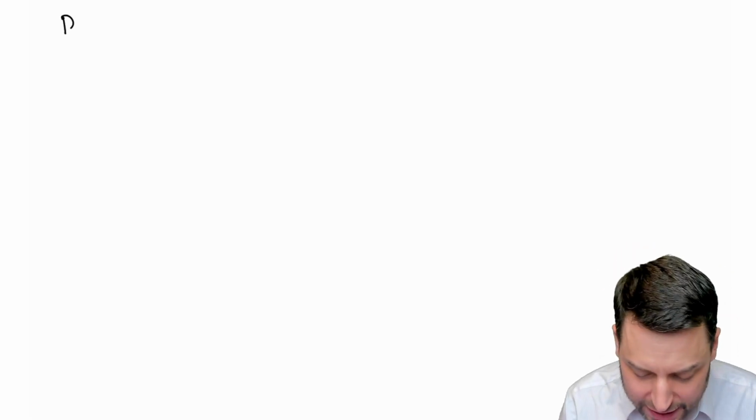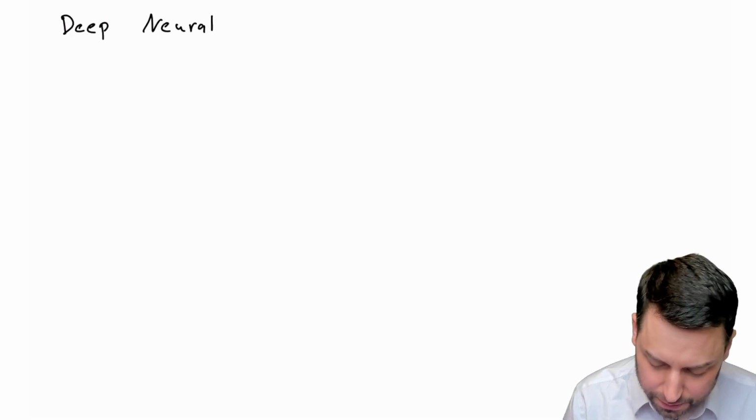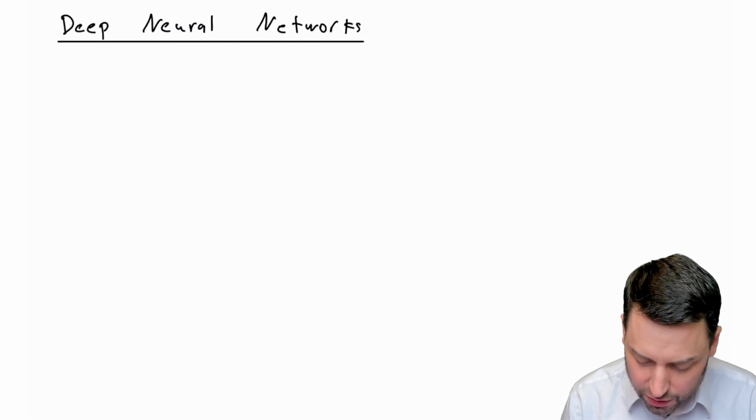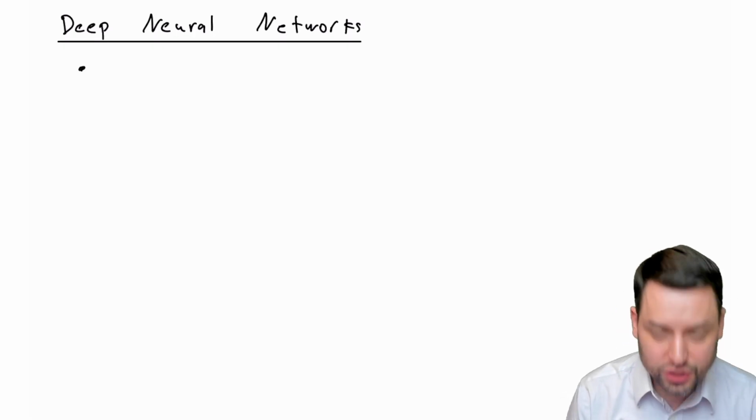The thing I want to end with, though, before we spend the next lecture talking about how we actually implement neural networks, is to at least mention deep neural networks. Because what I've defined so far is what's called a two-layer neural network.